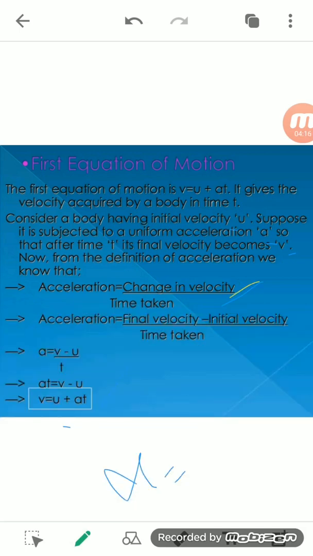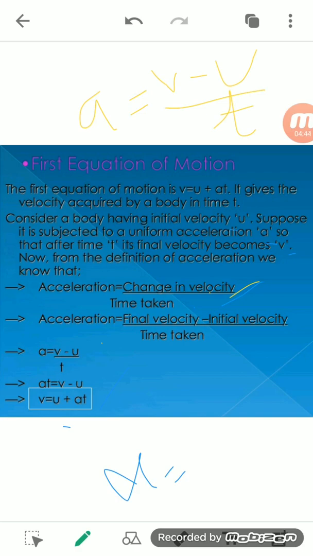Change in velocity means final velocity minus initial velocity, upon time taken. So we can represent it with symbols: a equals v minus u upon t.